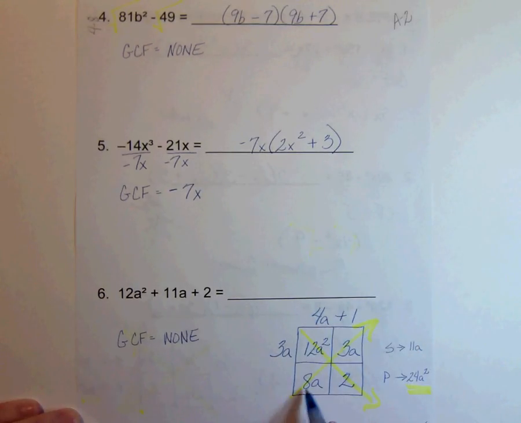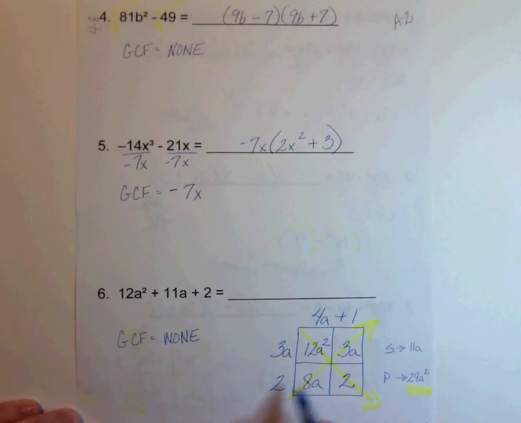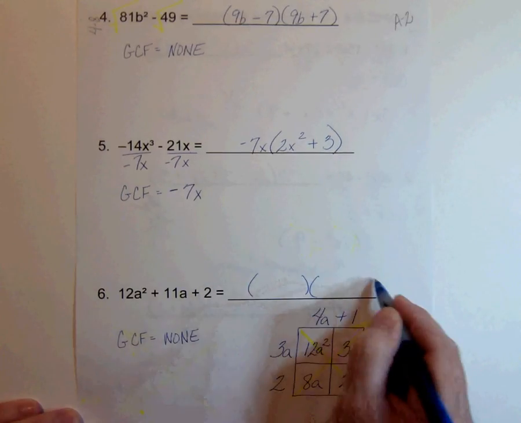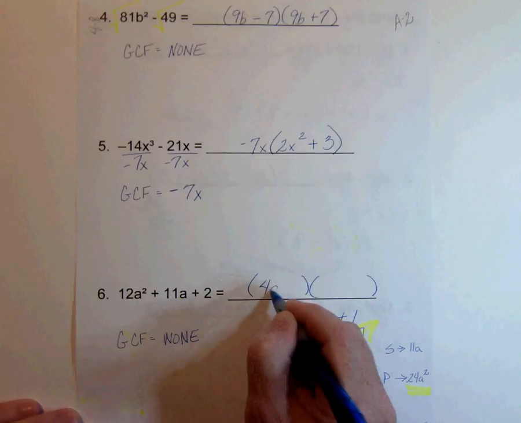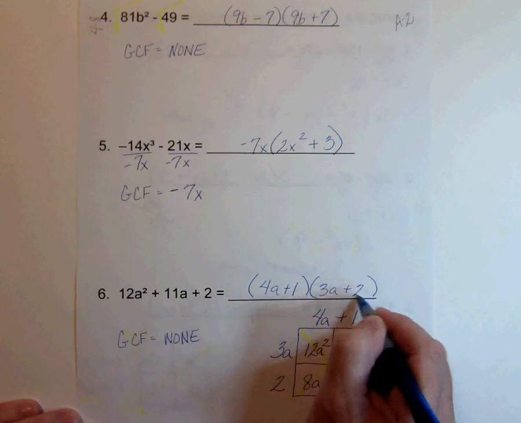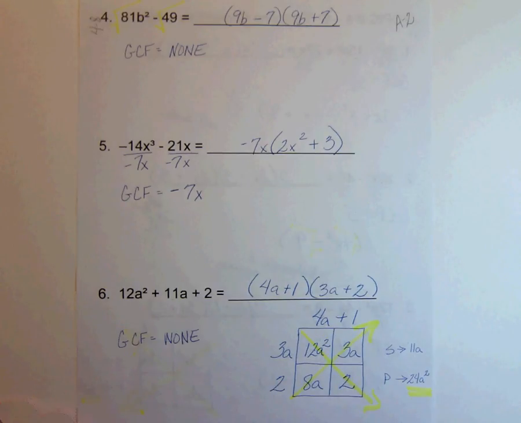And here, 4a and a 2 could get you to 8a, and there's your multiple of your last digit. So this binomial is 4a plus 1 times 3a plus 2. And that concludes the final topic in Unit 4, 4-8.